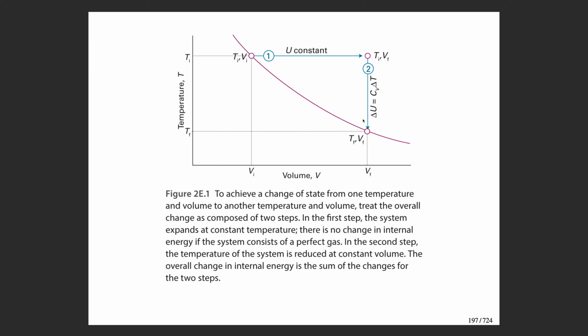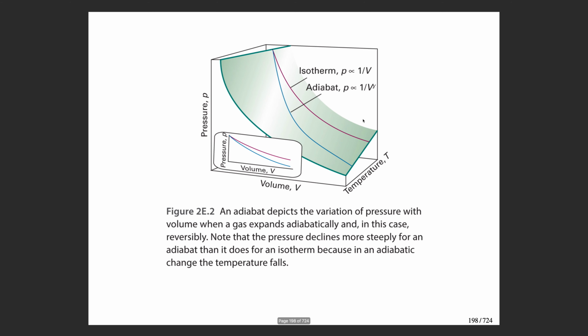So this is just a slide pointing out that the change in internal energy is a state function, and so you can take a direct path, or you can take a two-step path if you want.